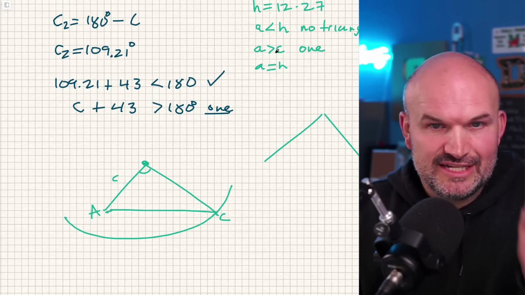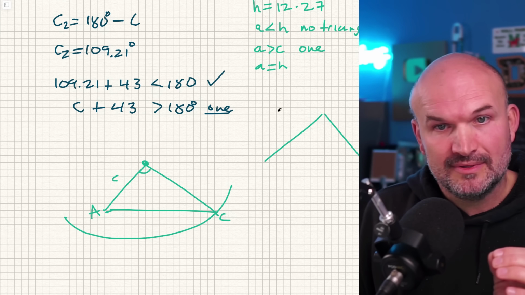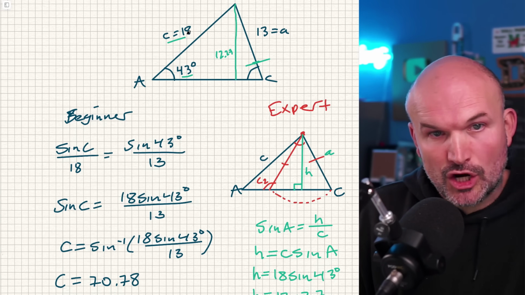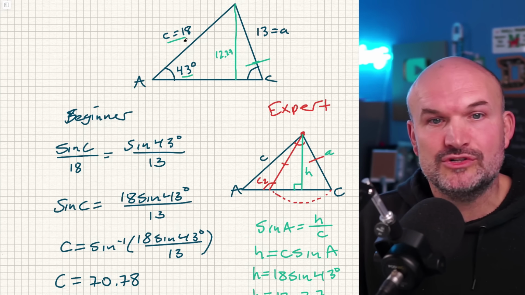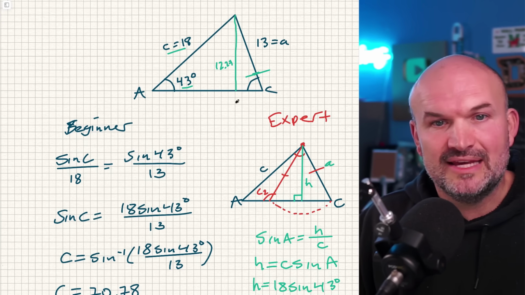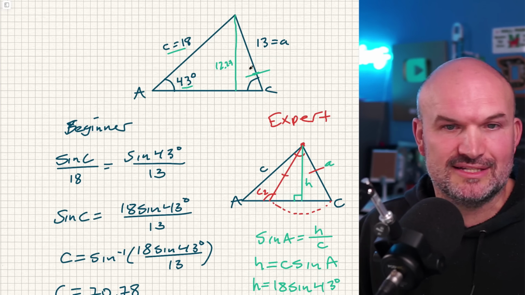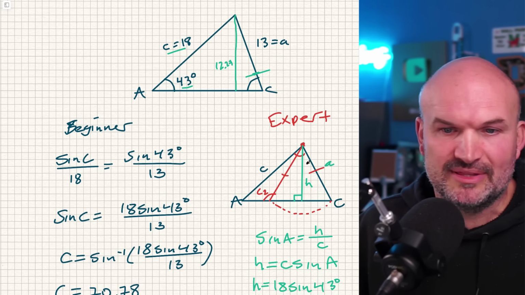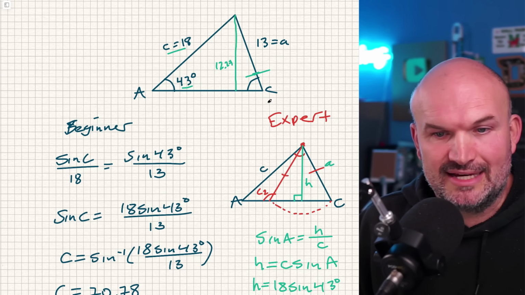So my A is going to be greater than my C. When this side length is larger than this side length, I know I have one triangle. I can look at a triangle by inspection and determine if I'm going to have one triangle, as long as H is not going to be less. But then it would be obvious in that case.